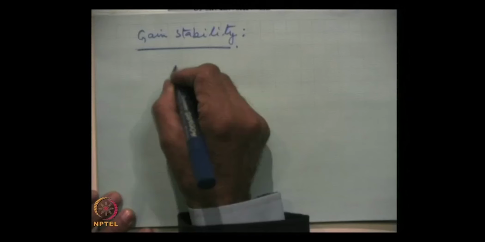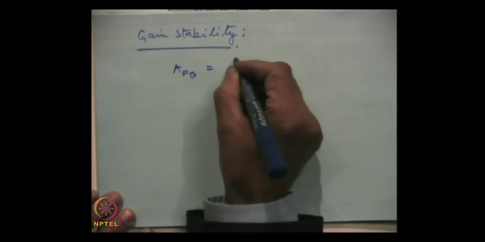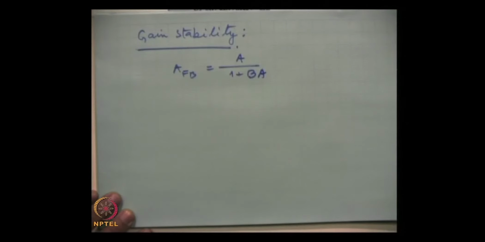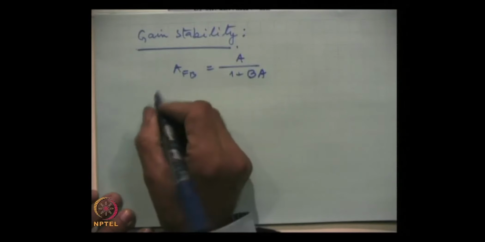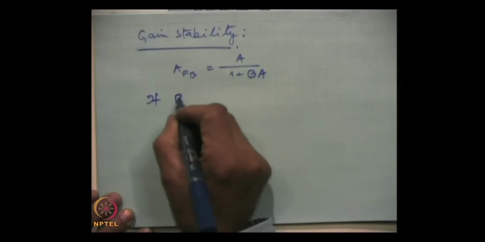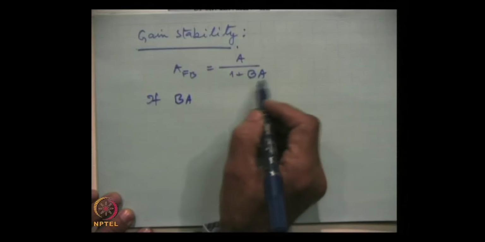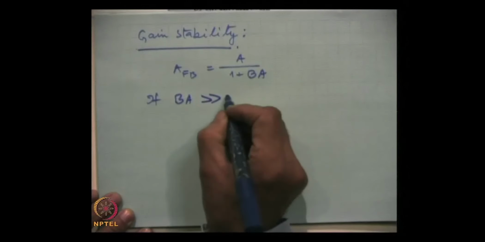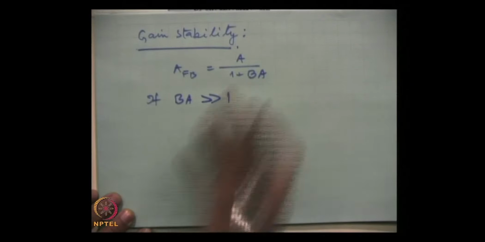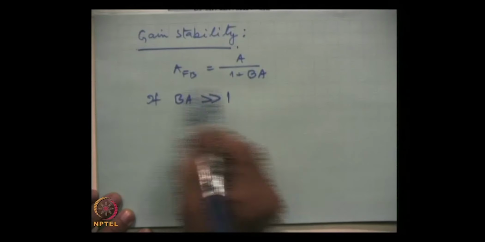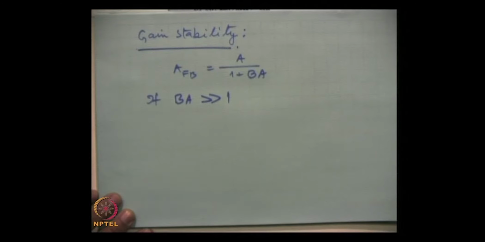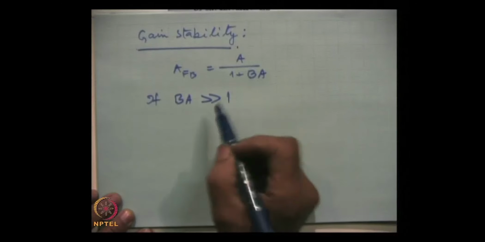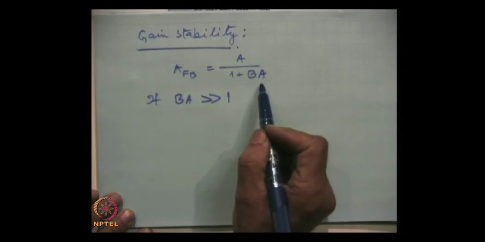So, the basic equation AFB is equal to A divided by 1 plus B A. Let us see that if B A, this quantity loop gain, is made large as compared to 1, very large in comparison to 1, then 1 can be dropped here. Now, this condition can be easily satisfied, and in practice this loop gain is kept quite high by taking the A, the open loop gain, very high.